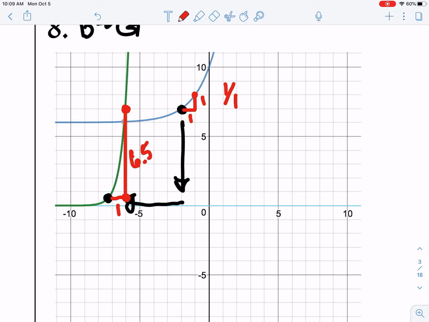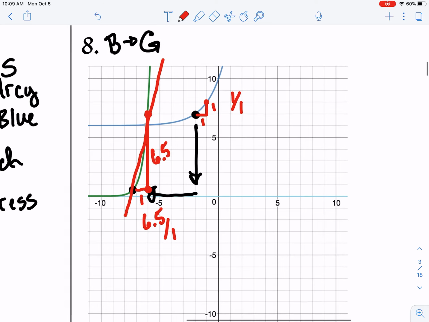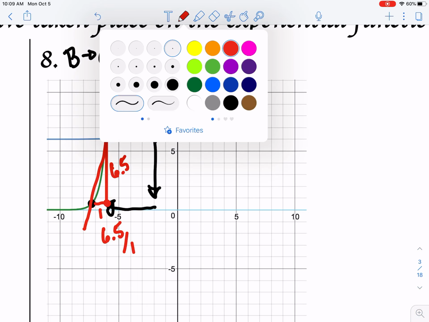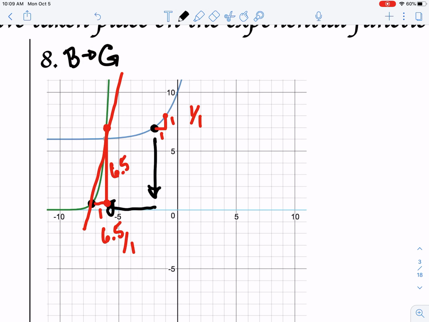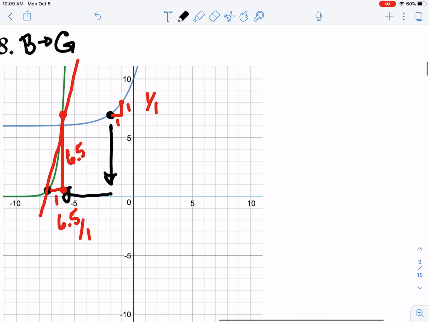The slope of the line through these 2 points is 6.5 over 1. Which one is bigger? 6.5 is greater than the slope of 1.